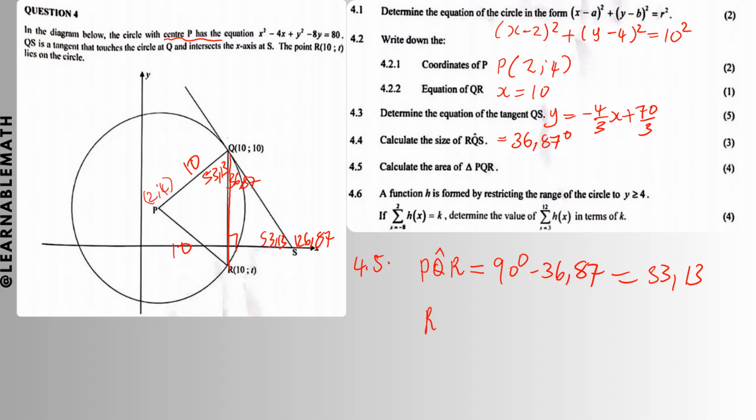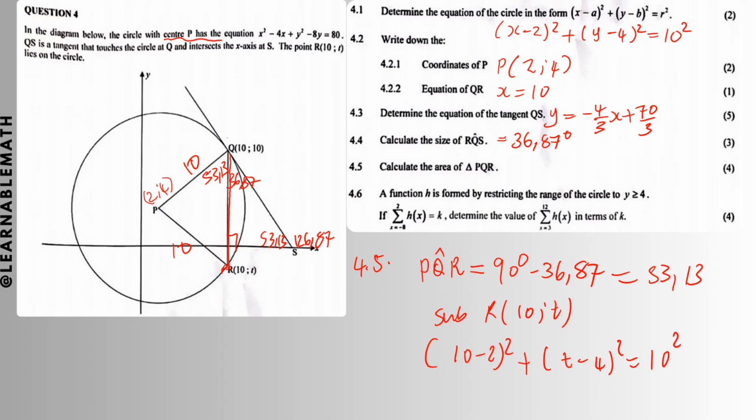Obviously, we need to know what T is equal to, and T is the y value in the circle, right? When x equals 10. So I can just go to the circle, substitute R, which is 10, and T, because it lies in the circle. Where there is x, I'm going to put 10 minus 2 squared, plus, I'm looking for y, which is t minus 4 squared, is equal to 10 squared.